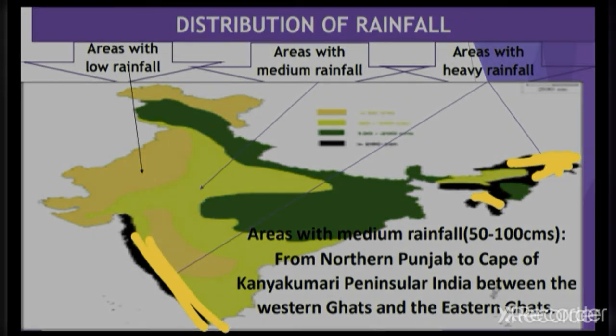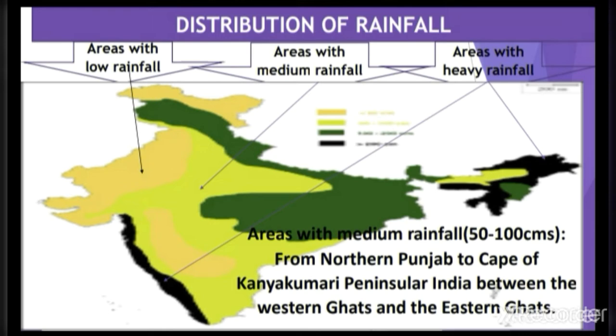Okay, children. These are the areas which have low rainfall, medium rainfall, and heavy rainfall. Already I had marked with arrow mark.